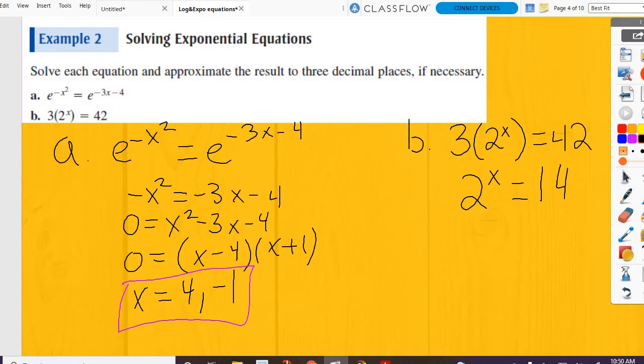We all with me? Now, we want to be strategic about what base we pick. If I have 2 to the x, what base might we want to pick in order for them to undo each other? So what base do I want on my logarithm?